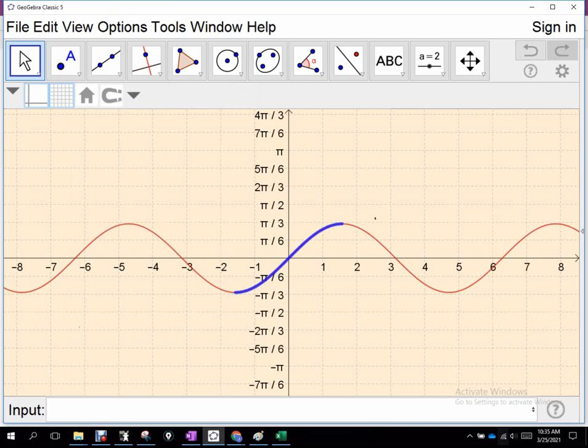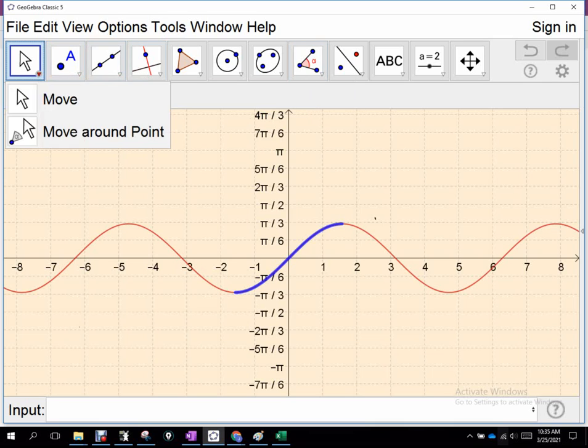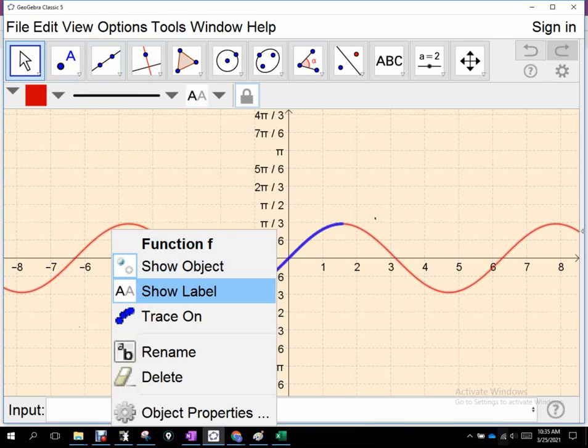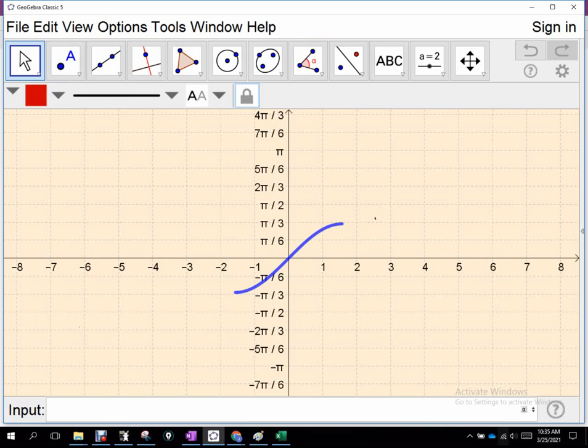So if it's only increasing, it's going to pass the vertical and horizontal line test, so it's going to have an inverse.